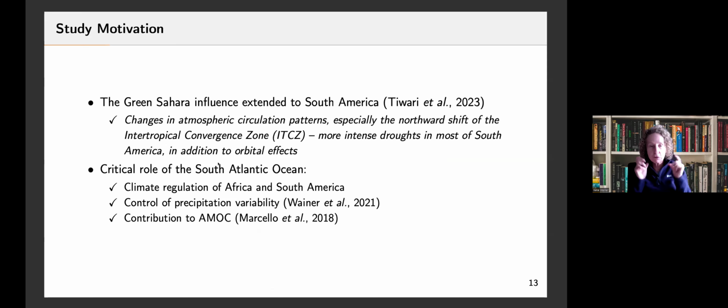So we've learned that the Green Sahara, this period of the mid-Holocene with enhanced vegetation in the West African region, has an influence on the South American hydroclimate.